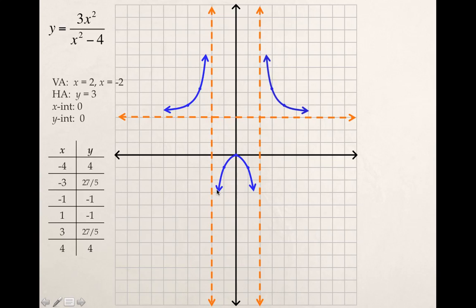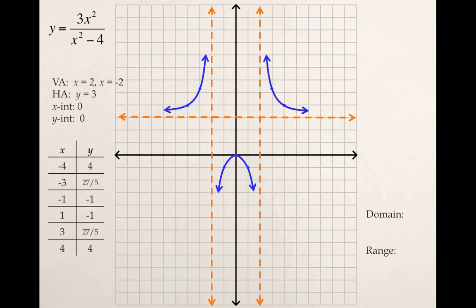And in this middle section, because of where the points went, I am going to end up with something that looks like a quadratic parabola that's opening down in between these two asymptotes. So this is the look of my graph for my function.